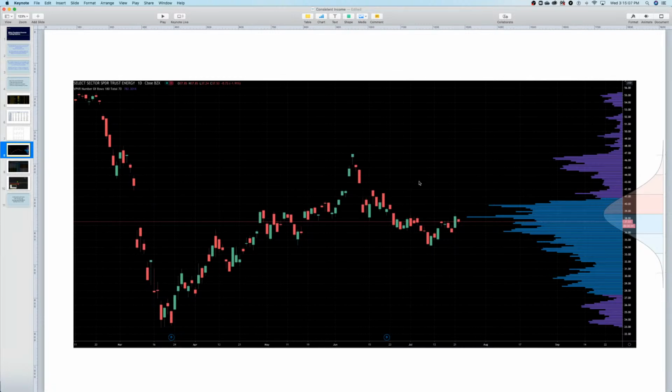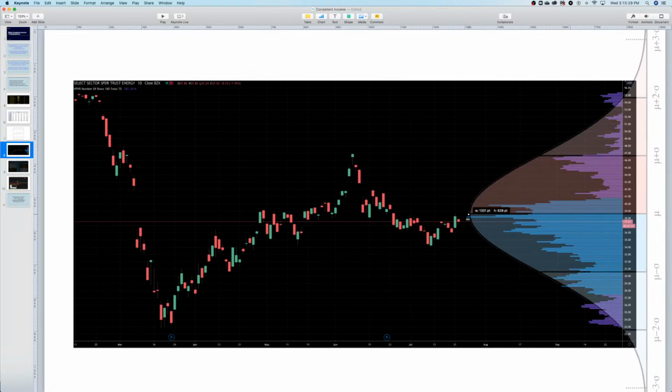The first thing that we do, when I say a high probability of success, is look at the chart. We may introduce a little bit of technical analysis like volume profile, which I don't even consider technical analysis. If you look at volume profile, the profile itself is a normal distribution. If I overlay a normal distribution curve onto that, you can see that it is in fact a normal distribution.